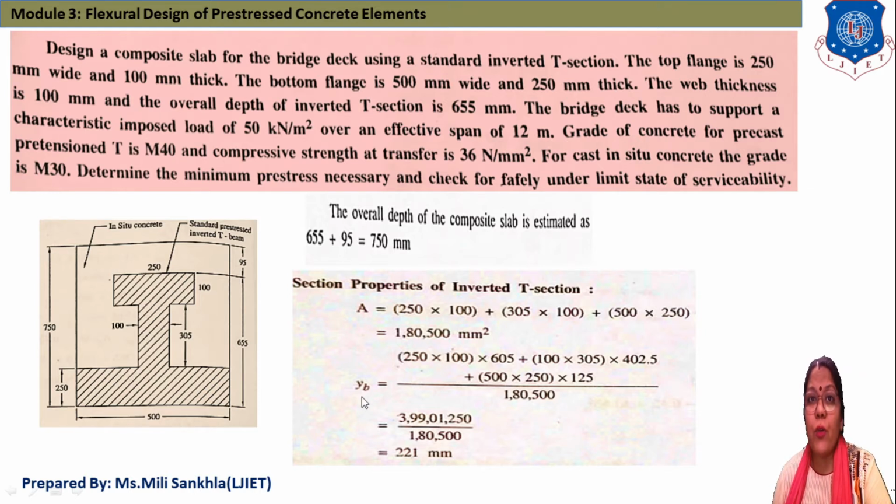Now we find Yb from the bottom, that is (A1Y1 plus A2Y2 plus A3Y3) divided by (A1 plus A2 plus A3), the summation of total area. Now A1, that means 250 into 100, from the bottom fiber here 605. Then web, 100 into 305.